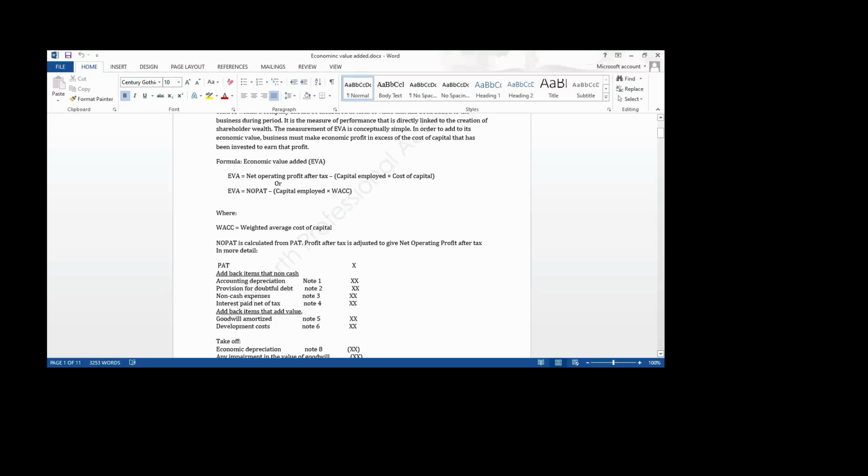Provisions: provision for bad debt, doubtful debt, provision for deferred taxation. All provisions should be added back. Non-cash expenses should be added back. Interest paid, net of tax, should be added back.